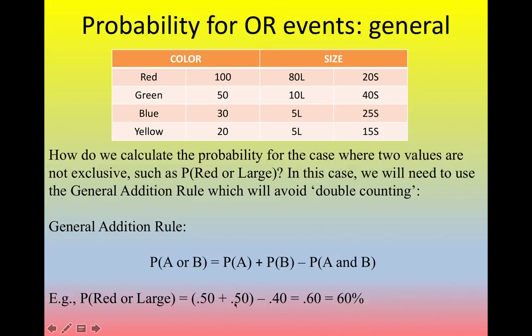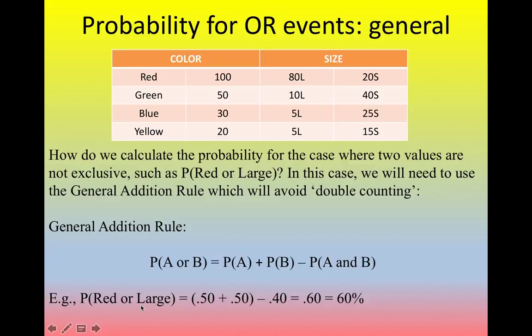So here's the formula for the general addition rule. For any OR events, the probability is the probability of the A event by itself plus the probability of the B event by itself minus the probability of A and B. A couple slides ago, we calculated the probability of red and large as 40%. So that makes it easier to solve this one.